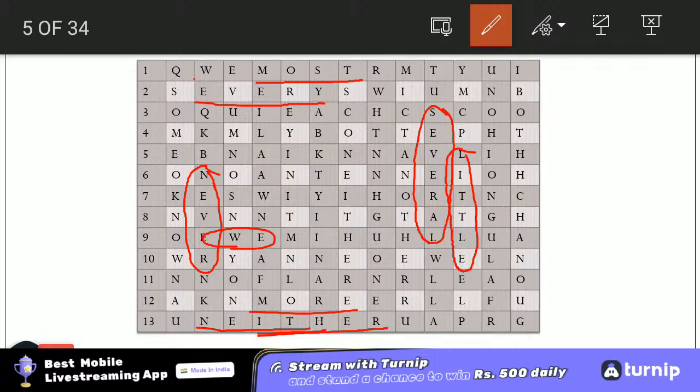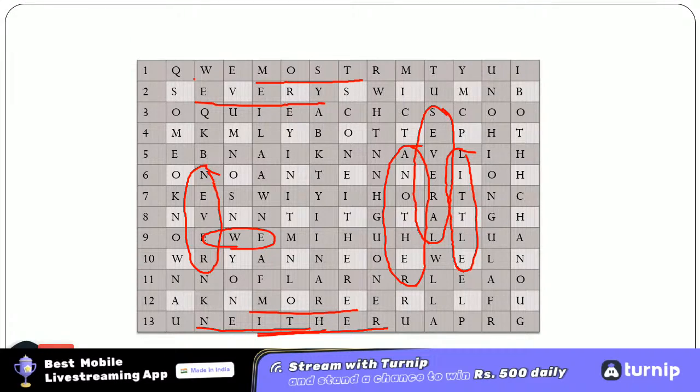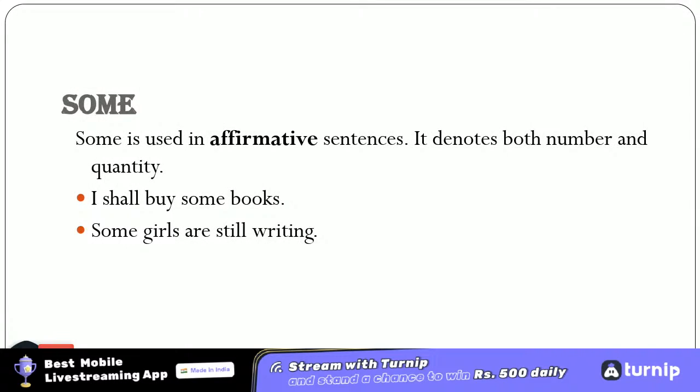Fine, very good. Many. So there are different words which these are all our determiners. So moving ahead to the next slide, we have given 2 to 3 minutes.